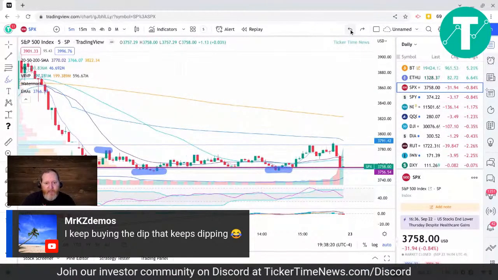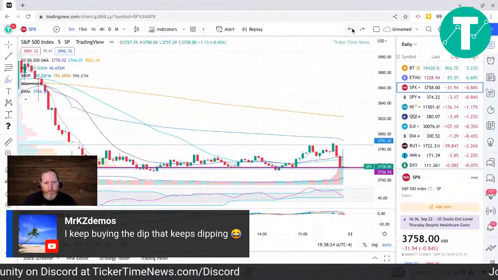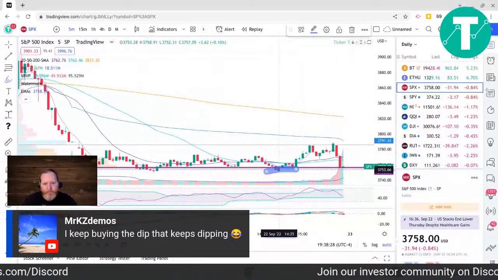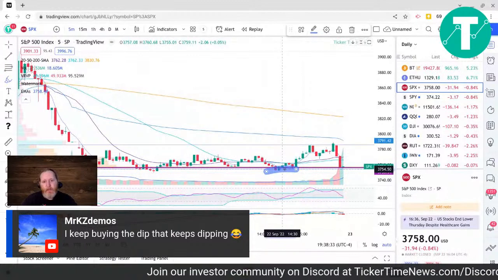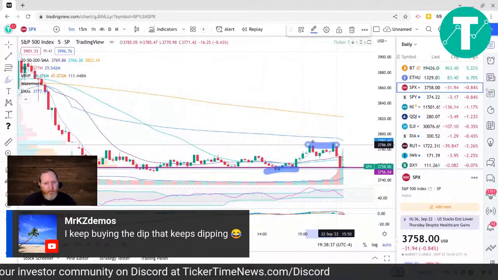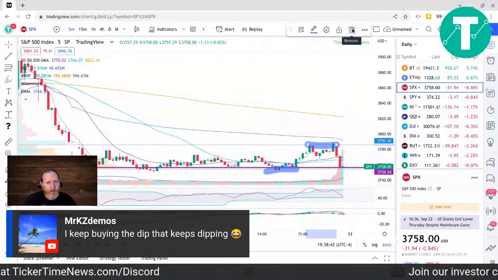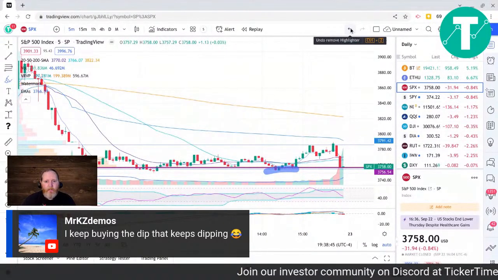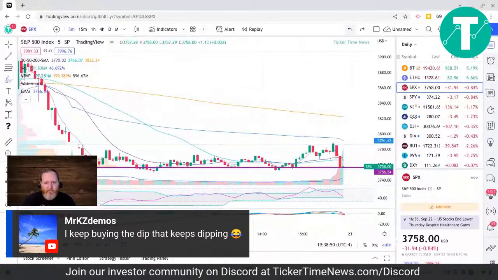I opened it up right here when we tested that the third time. This is when I opened up some long positions this afternoon. I did not cut out any profits when we got up here. I'm looking for a swing. I know it's kind of risky to carry it overnight in this environment, but I did take that risk.